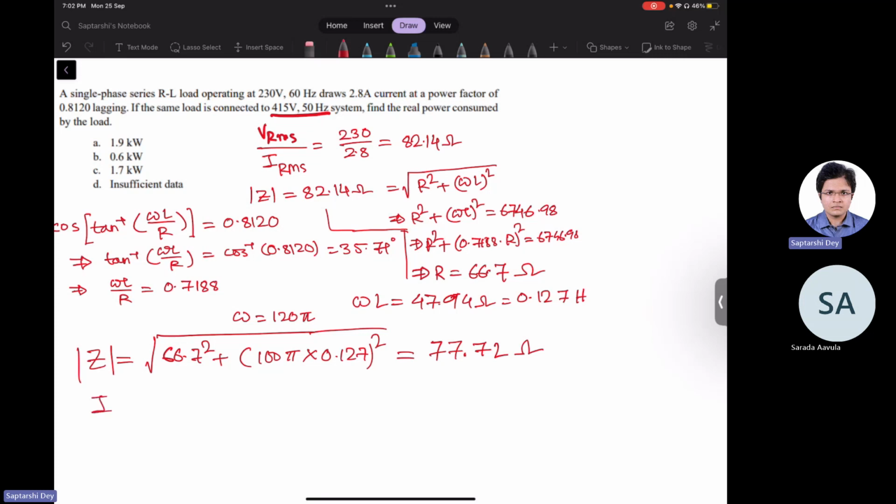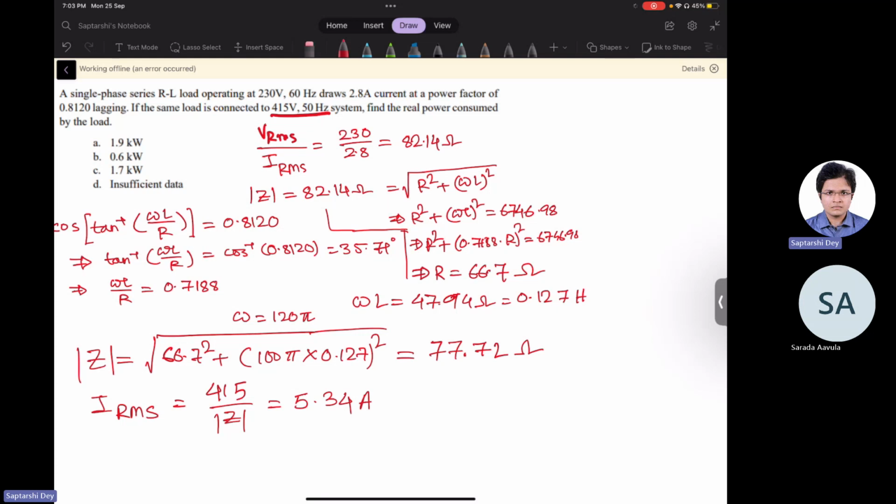So what will be the new RMS current? New RMS current will be 450, or this load will draw an RMS current of this by Z, which gives 5.34 ampere. Now this RMS current is flowing through the resistance and causing some power loss.